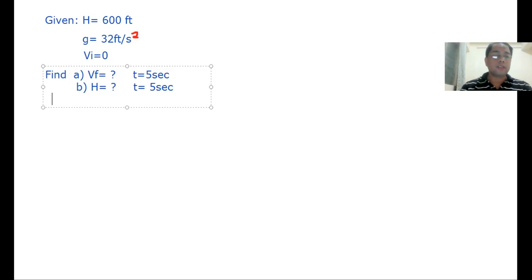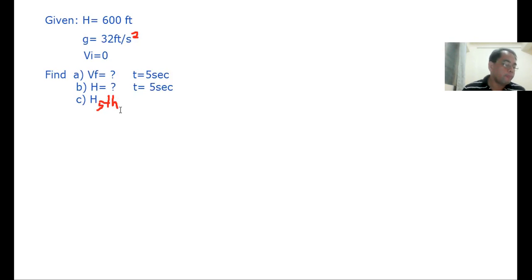And next is letter C. How far will the object travel only for this given time, 5 seconds only? So we are looking for the 5th second here. Again, we can review the problem. I'm going to call letter C finding the distance on the 5th second only.